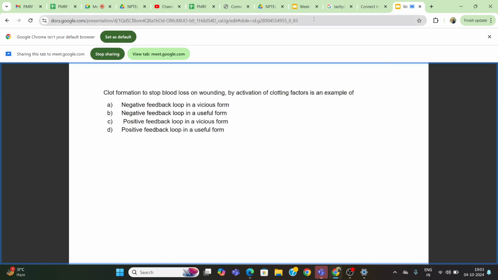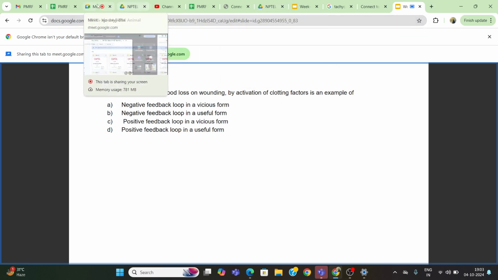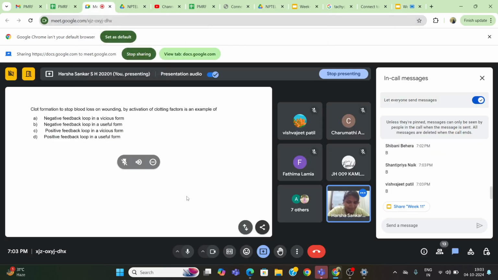I shall do one of the last questions. Stop blood loss on injury by activation of clotting factor is an example of. Again, go back to the first week, but now we know what happens in blood clotting. So what was the feedback, and is it useful or not useful?